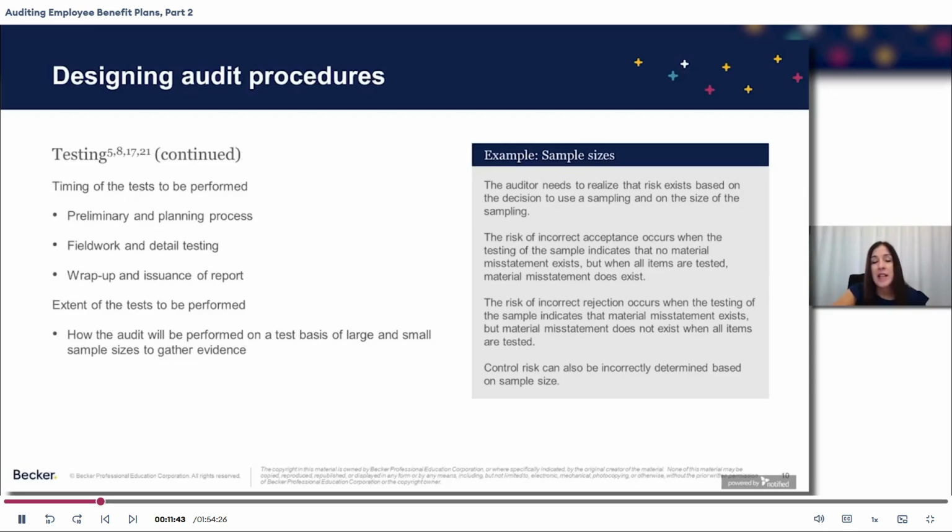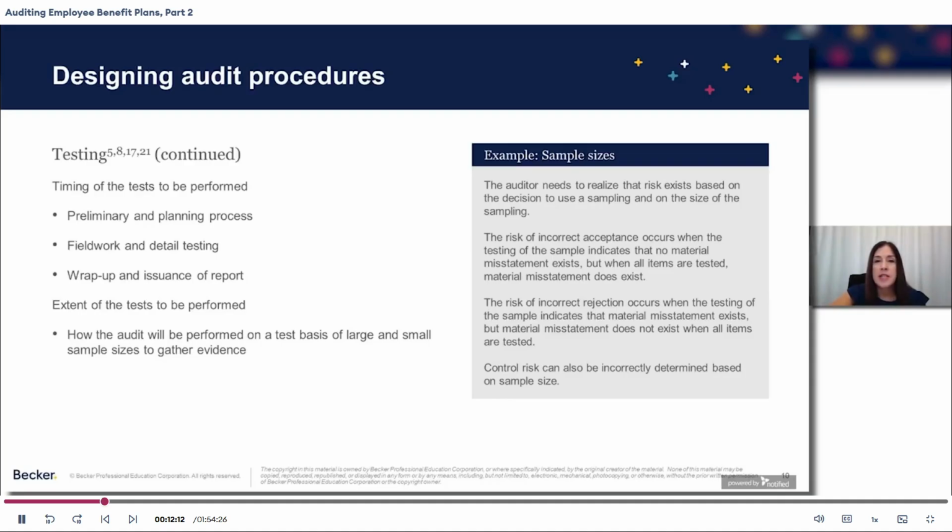And again, I said this earlier and I want to re-emphasize it here. When you're selecting a sample and you're testing in an EBP audit, if you have, for example, your sample size of 20 and you have 2 that appear to be incorrect, and I'm getting a little bit ahead of myself, but I want to mention this here, and we will come back to it later on in our discussion when we look at specific examples of work papers.